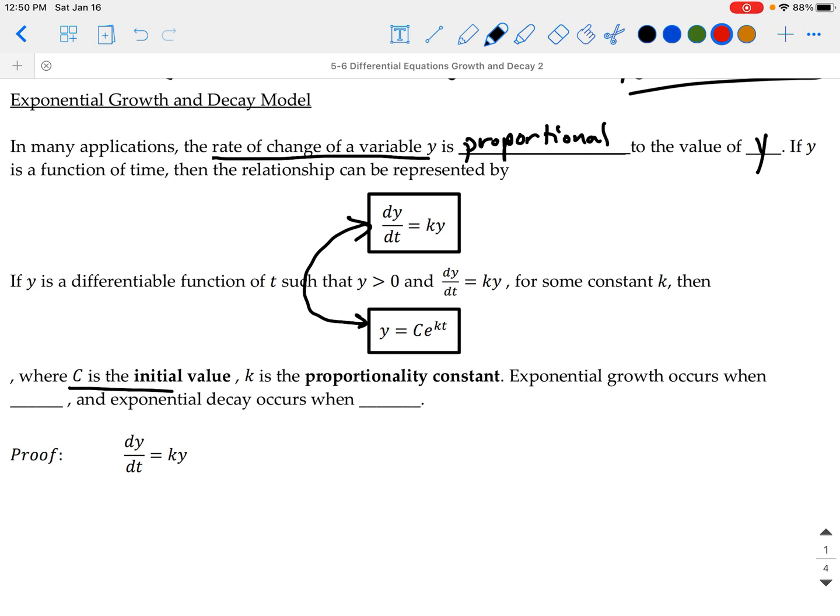So c is the initial value, k is the proportionality constant, the value that we're multiplying our original function by, and exponential growth occurs when k is greater than 0, and decay occurs when k is less than 0. So if we have e to the negative x, that's a decay function, whereas if we have e to the positive x, that'll be a growth function.